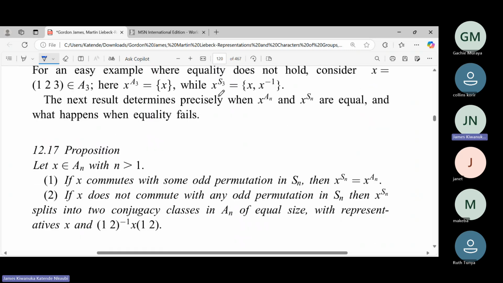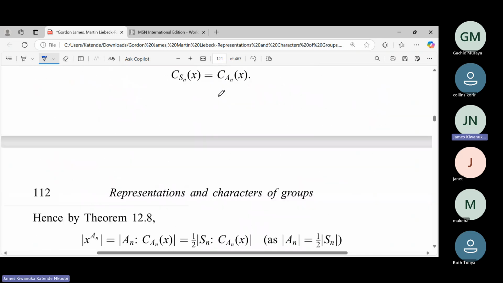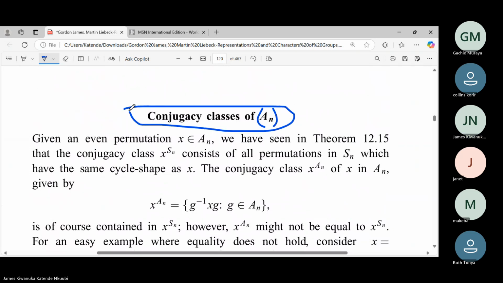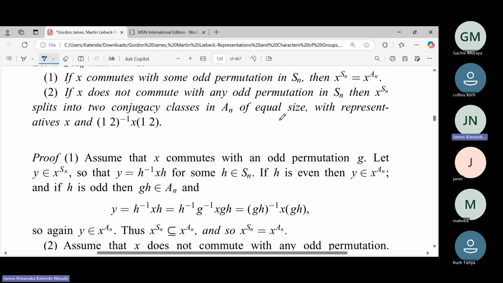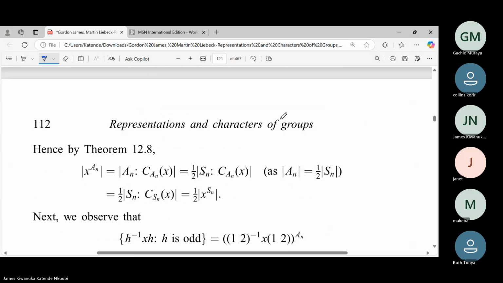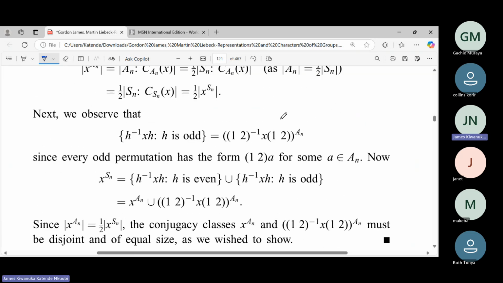For the alternating group, I will leave this as an exercise for you, a reading exercise to read about the conjugacy classes of An. But for now, I think you have enough information to fight it out.